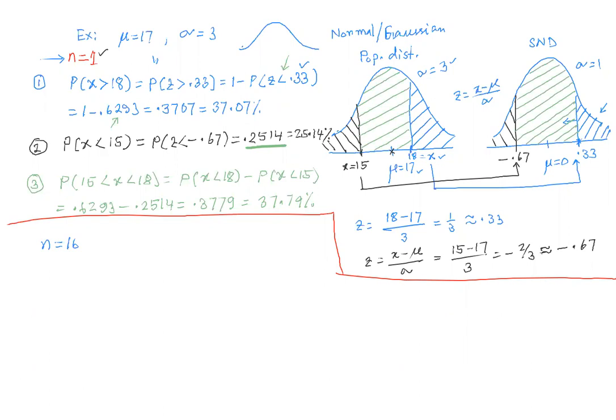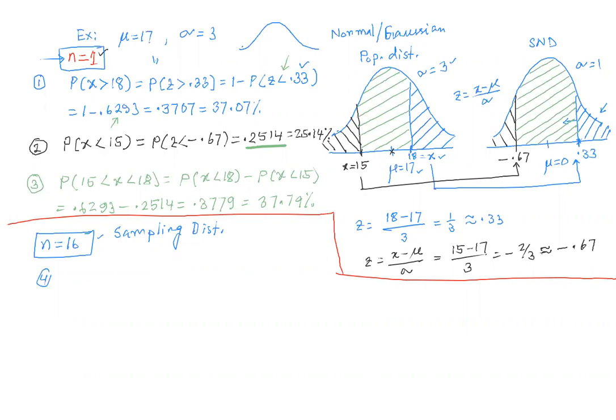So this time your sample size is 16 as opposed to sample size being 1. In the last problem, you were dealing with the population distribution. Here, you are dealing with the sampling distribution, remember. n is 16. So let's answer the first question, then we'll go ahead and answer the second and third.